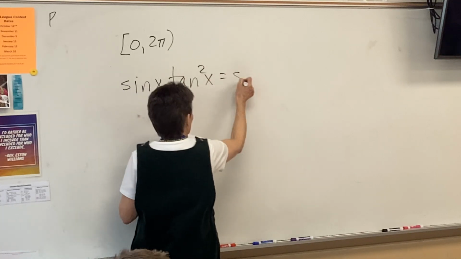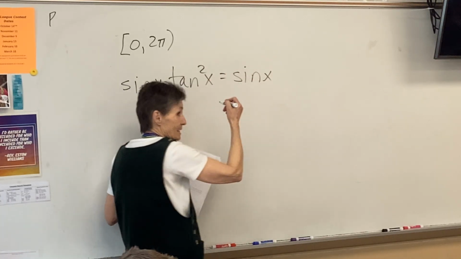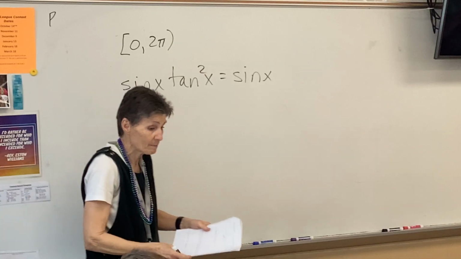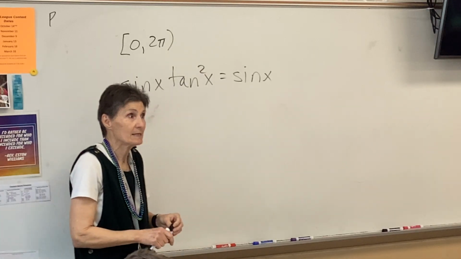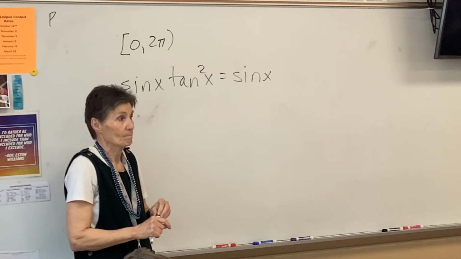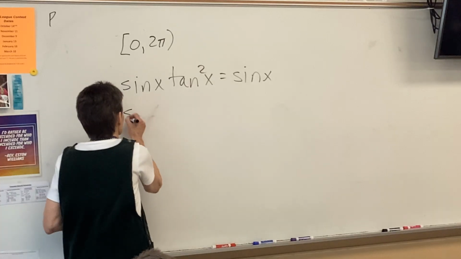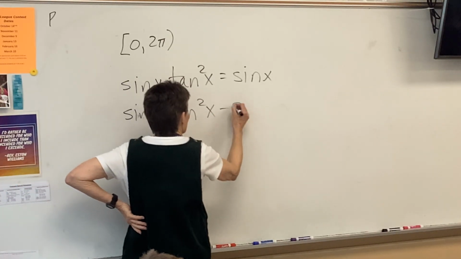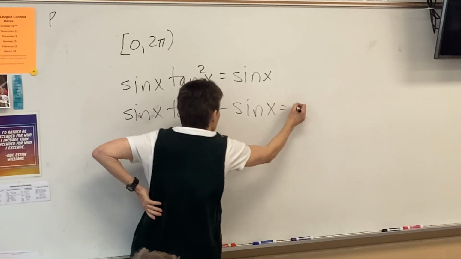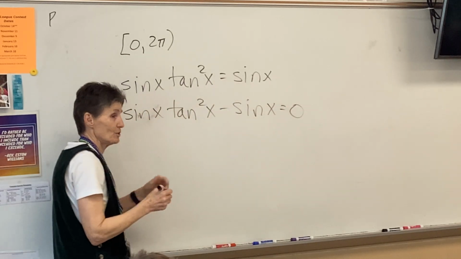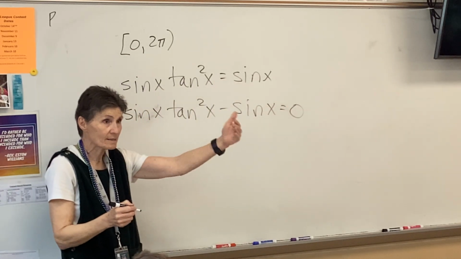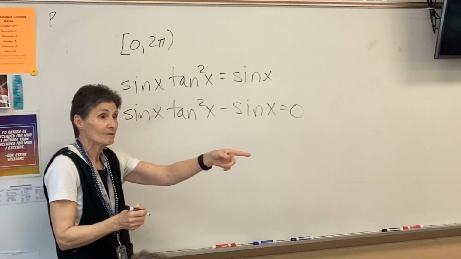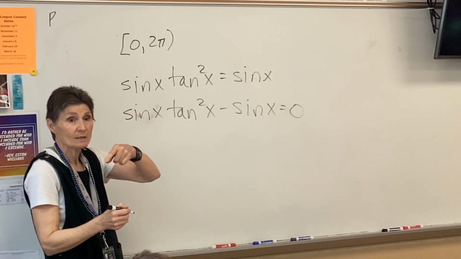Now, a couple of the other ones we did were like this, so you should have an idea how to begin. Does anyone have an idea how to begin? Subtract sine. Then what can we do? Now that we have it all on one side, we can factor out a sine.